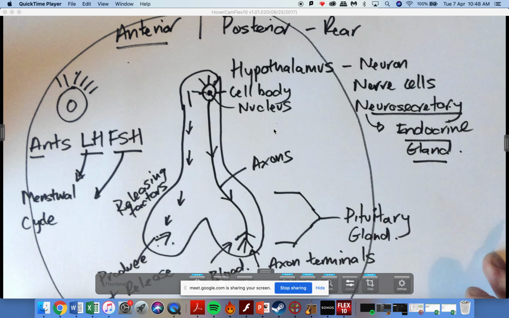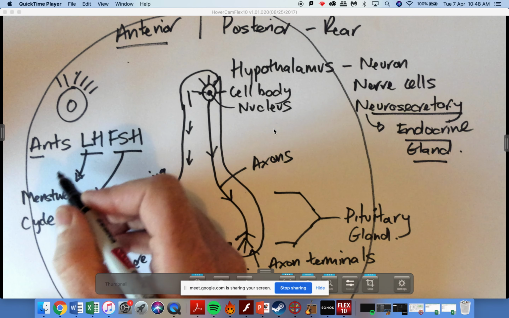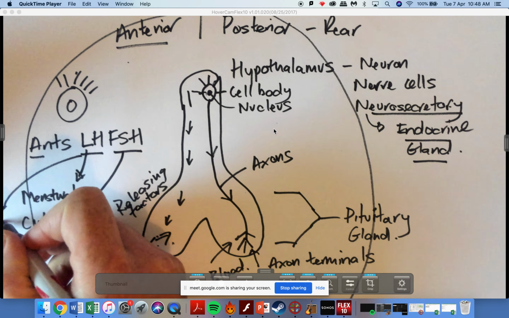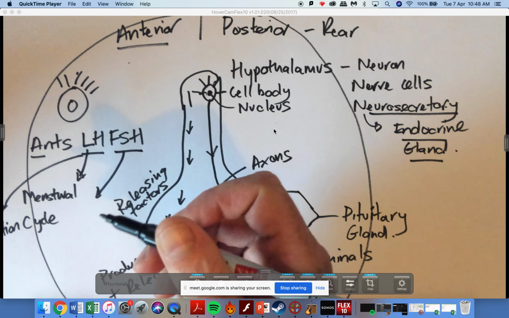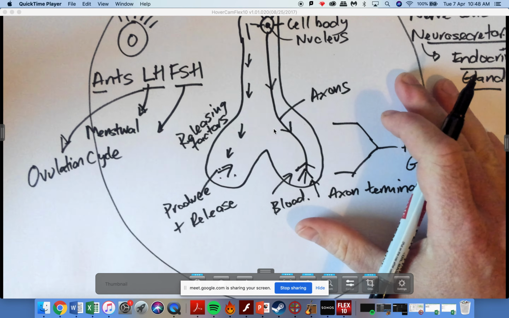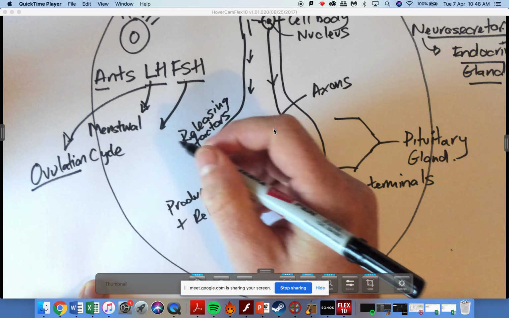LH is called luteinizing hormone, but we don't really need to write luteinizing hormone. We can always write LH. And it has a role, and we'll come back to this, but this is what causes ovulation. Okay, so we've got ovulation for LH, and FSH.